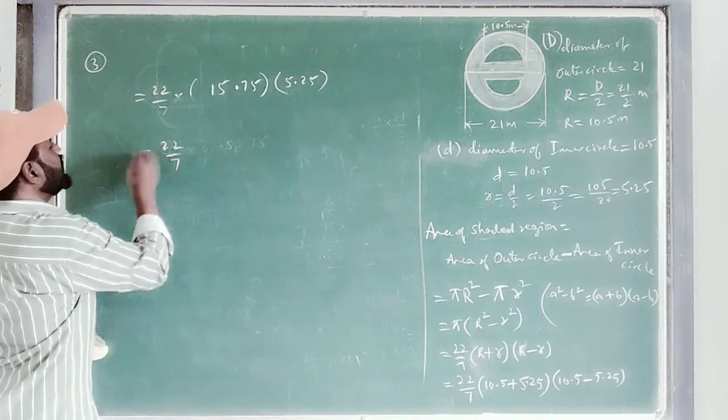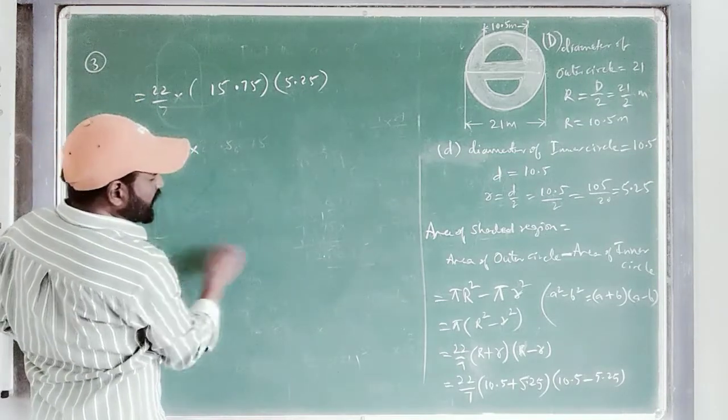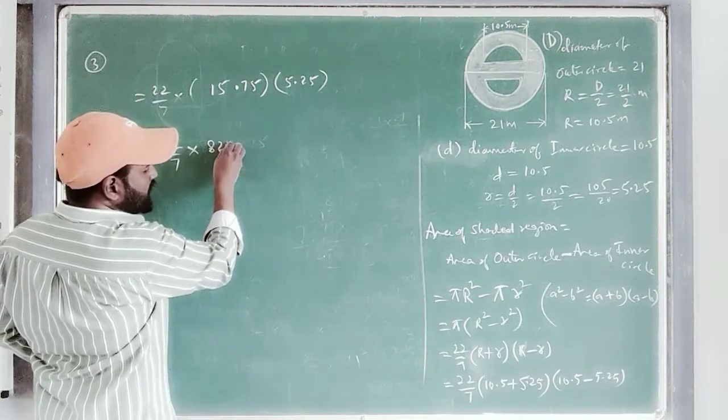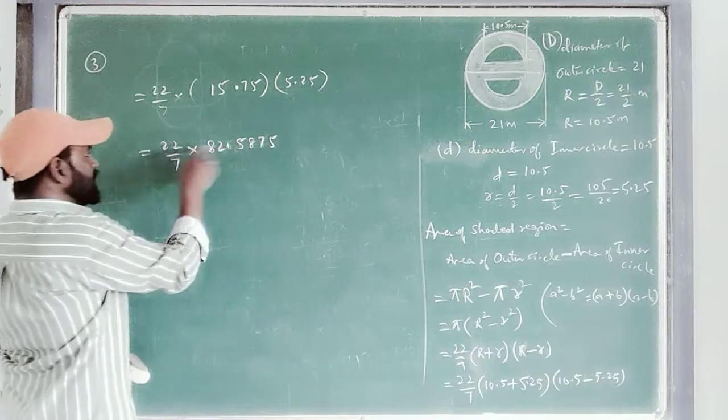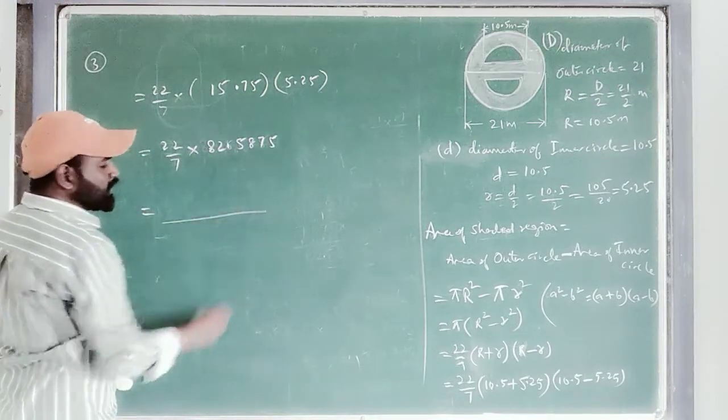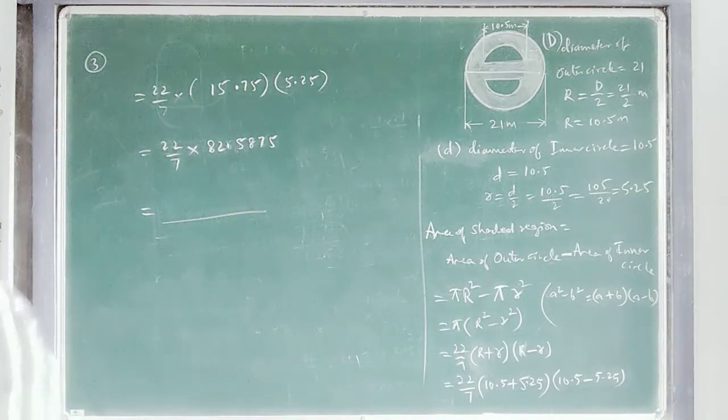22 by 7 into what we got? 82.5875 we got. If you multiply and divide with 7, you will get the complete answer. How much you will get? By doing the simplification, you will get the perfect answer, the shaded region, shaded portion area. How much it will be? Second portion, outer circle radius, inner circle radius you have to find.